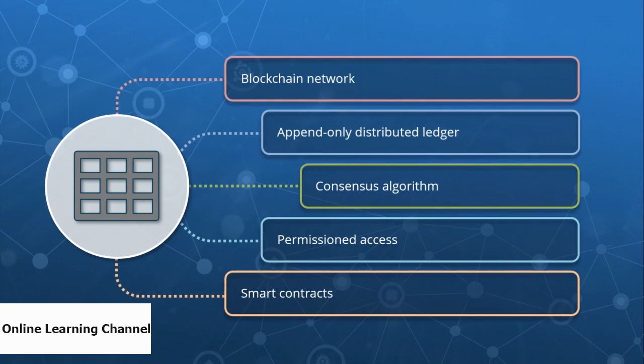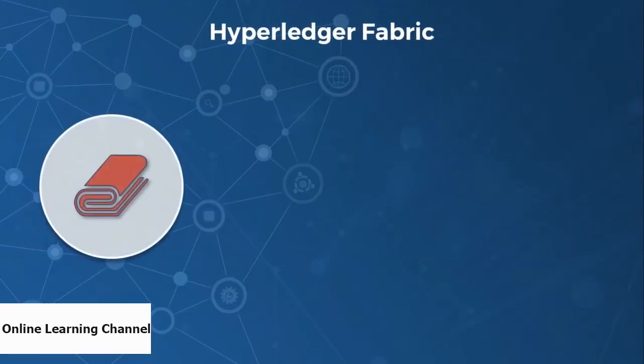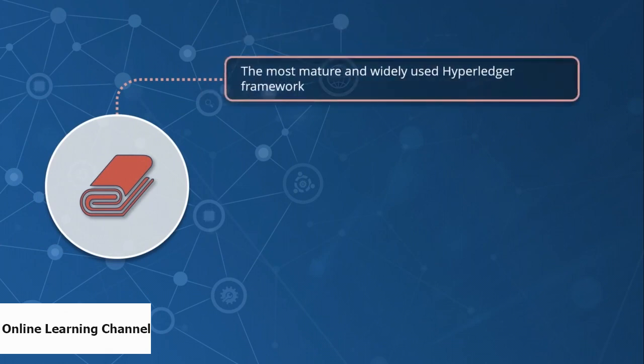We have covered previously in this learning path that there are several Hyperledger frameworks available, some of which have been specifically designed with one industry in mind. However, the focus of this course is on just one of those blockchain frameworks, which is Hyperledger Fabric. This is in fact the most mature and widely used of the Hyperledger frameworks, and one of the reasons for this is that it is a general purpose blockchain implementation and is not built for a specific industry.